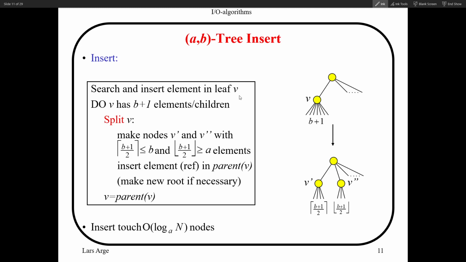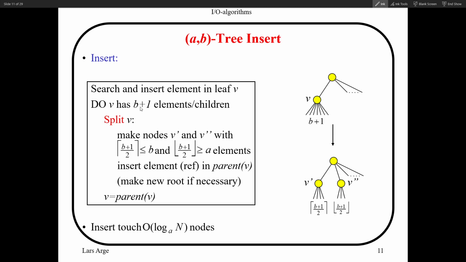In that case we do a split. We essentially walk from bottom up and we constantly split the nodes. We do the following check. If a node has B plus 1 elements and it's a leaf, or if it has B plus 1 children and it's an internal node, we just do a split.